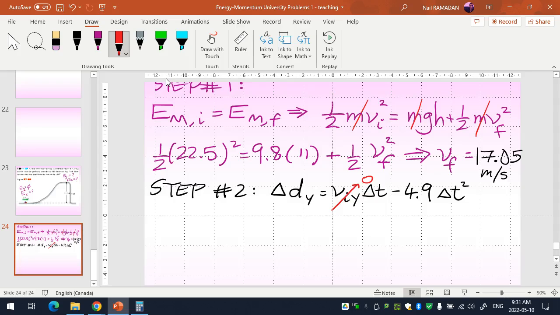Great. What's delta dy though? How much distance do they go down? They go down as much as they went up. How much did they go up? 11. So how much did they go down? Exactly, negative 11. Remember, with the delta dy equation, if your final level is lower than your initial level, your displacement is negative. So negative 11 equals negative 4.9 delta t squared.